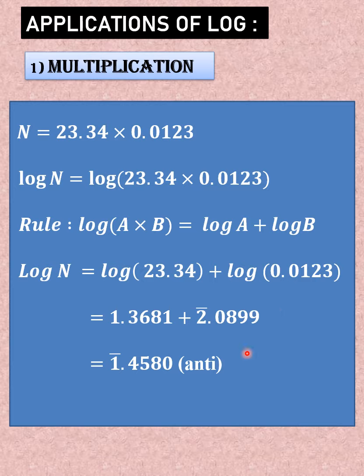Then find out the 12th row and third column, where the value comes to 0899. And finally, make the addition of both. Simple. So you get the answer like this.